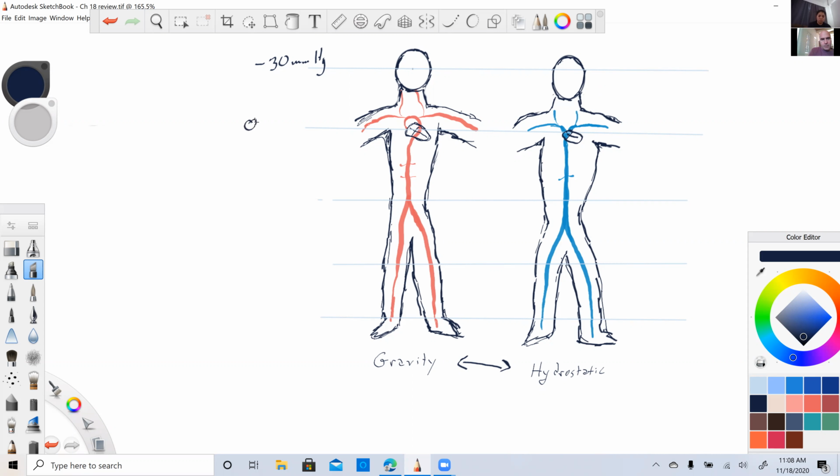This is considered zero at the heart. At the waist it was 50. That's a plus 50 because now we have a column of blood above this level. That column of blood is your gravitational force.